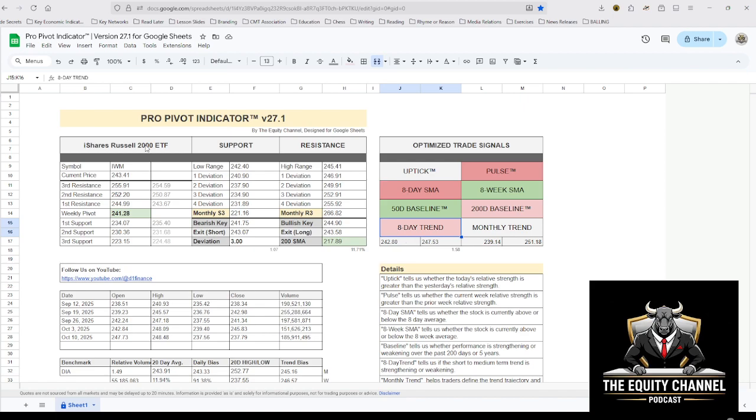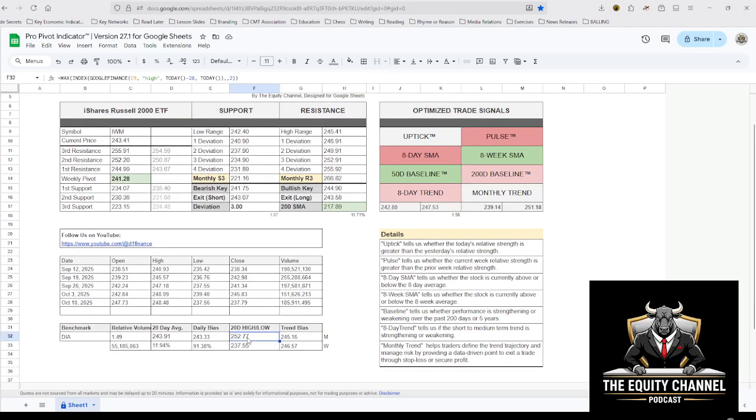All right. Now, here you have your monthly trend. So this is your 20-day high and low, and we're going to talk about this more in depth, as I said, Anthony, in a few moments. But for now, we're talking about the range around these highs and lows.